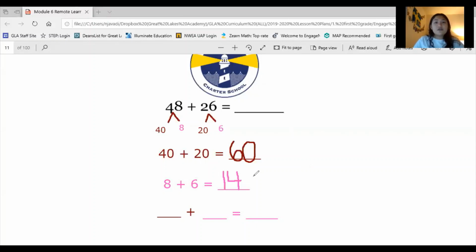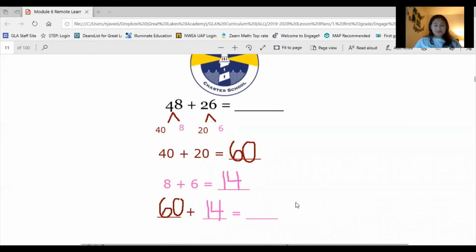Say it on 2, 1, 2. Nice job. You should have said something like 60 plus 14 is equal to. Now, we got all the way down here in our problem. We can grab 60 and count on 14 times, or you can break up 14 into tens and ones.